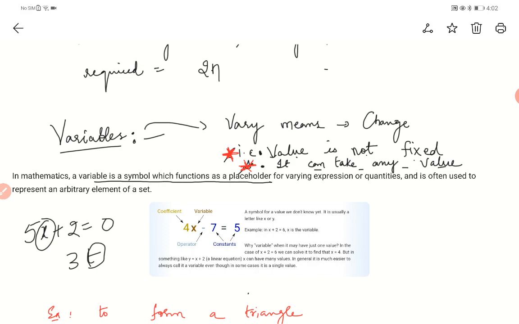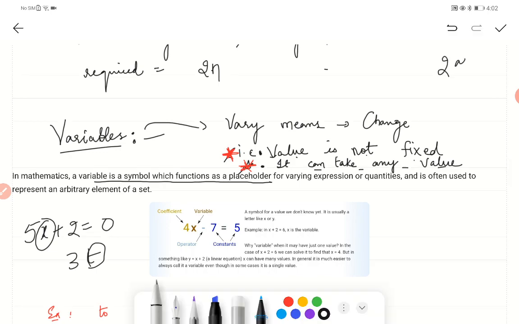Then they played. Kaushik asked her to double the age. So the age was doubled first, and then he told Damini to add 5 to that age, and then asked her to tell the result.